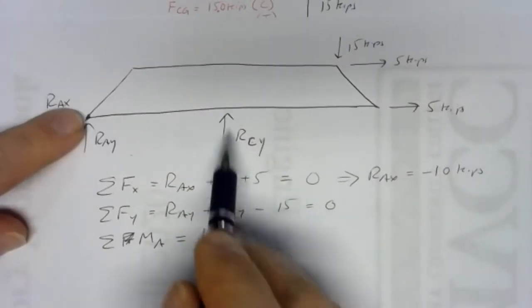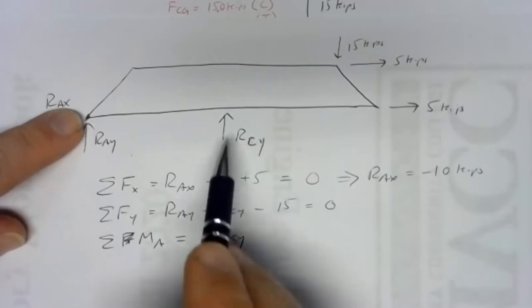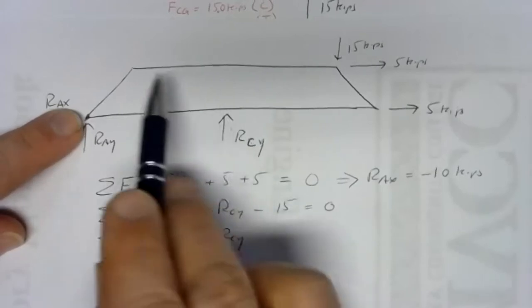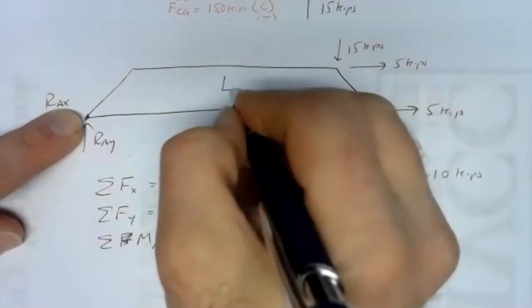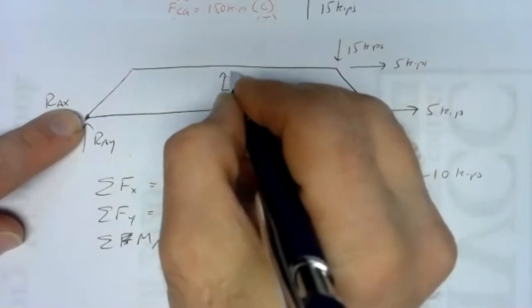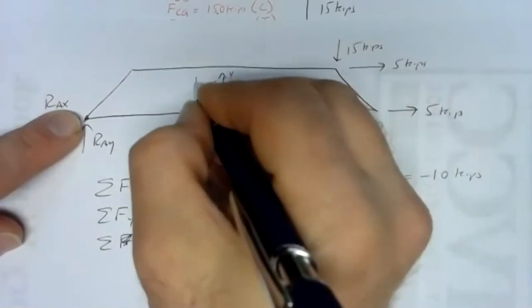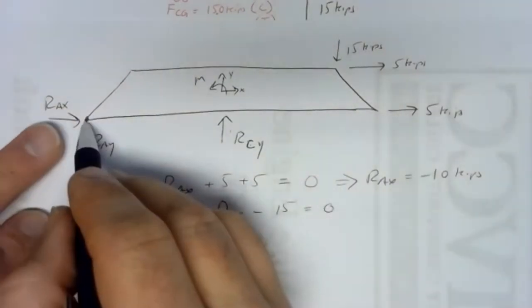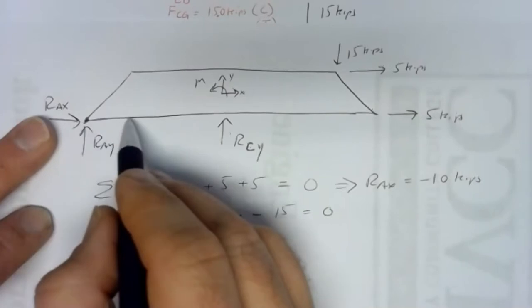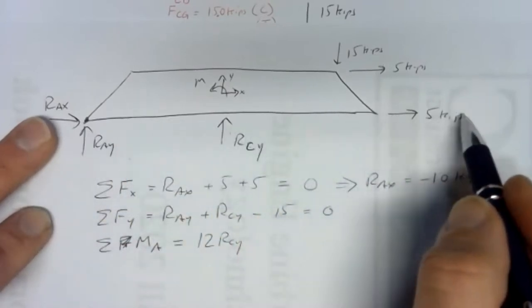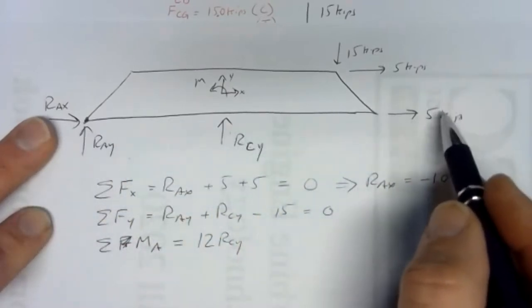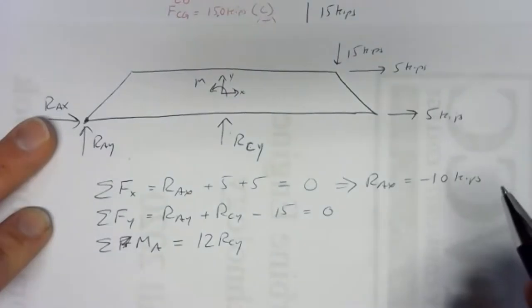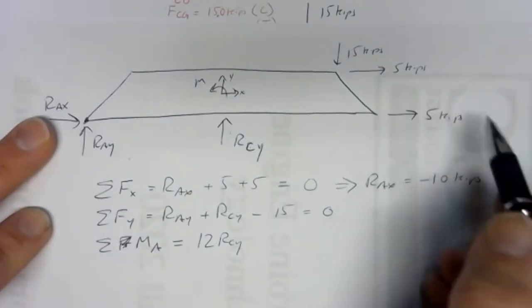If we're pinning at A and pushing up at C, we'd have a counterclockwise moment, and counterclockwise moments are positive. So 12 RCY. If we're picking A as our pivot point, anything with a line of action that goes through A will not have a moment. So this lower 5 kip force doesn't have a moment, so we can ignore it.